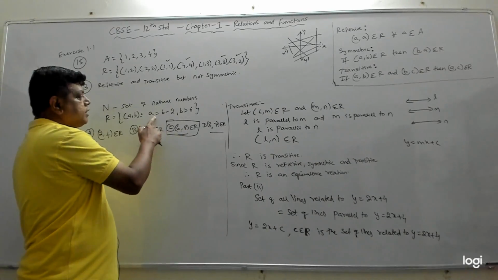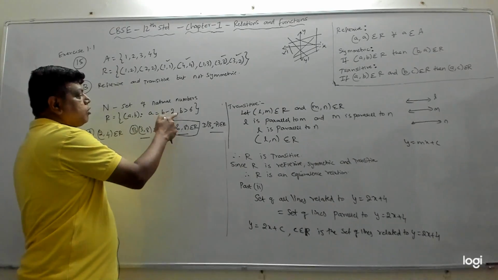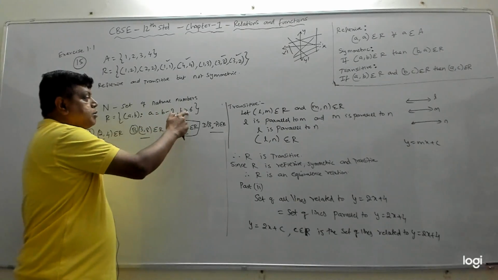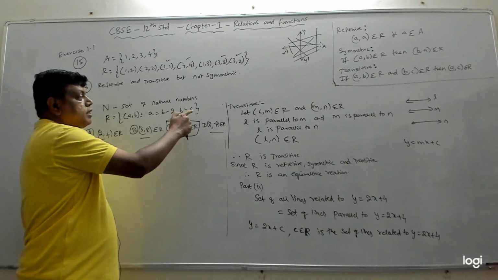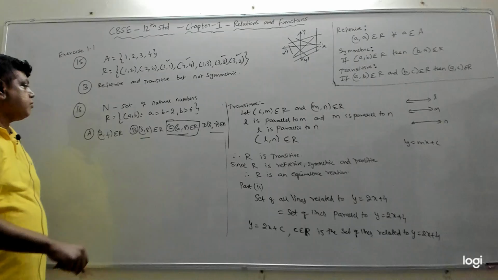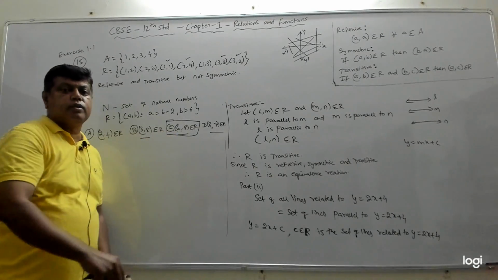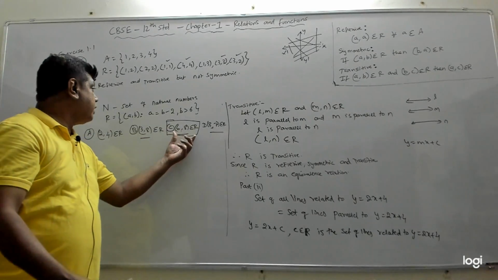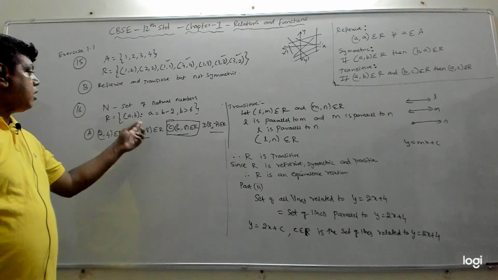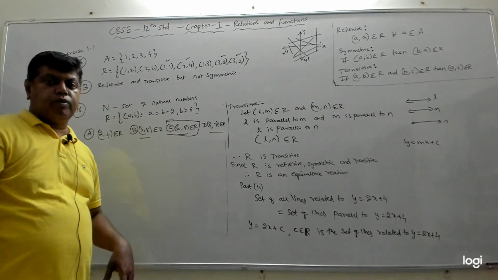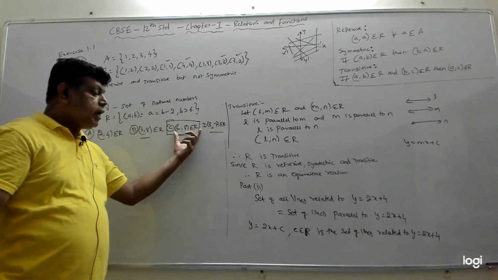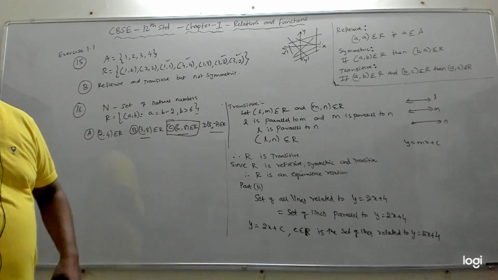If I substitute a as 6, b as 8, then 6 is equal to 8 minus 2, satisfied. And also b is greater than 6, b is 8 here, it is greater than 6. Therefore, the answer for the 16th is option C. This element (6,8) will belong to the relation R, or 6 is related to 8.